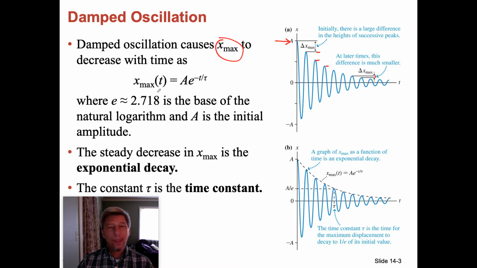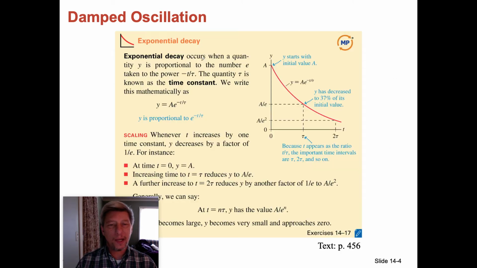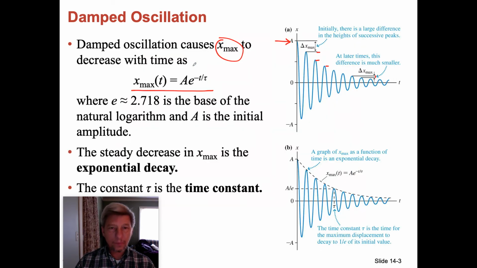Whereas at the beginning, there's a very large change or delta in that oscillation. Now, the formula to calculate this is the one that's shown here, and this is an ugly looking formula, but it essentially says that the change in amplitude is going to change based on the original amplitude, A, times e, which is the base of the natural logarithm, ln in math, maybe.